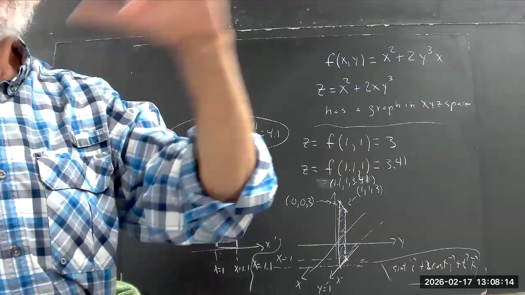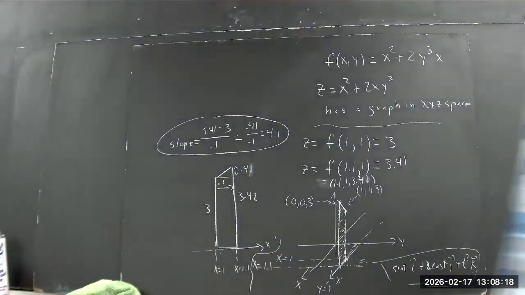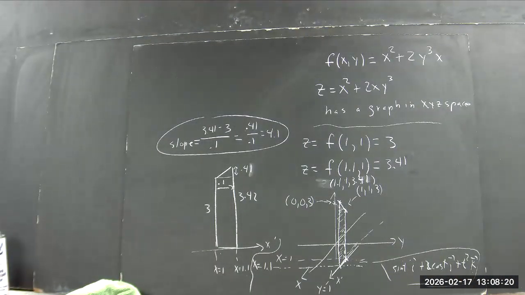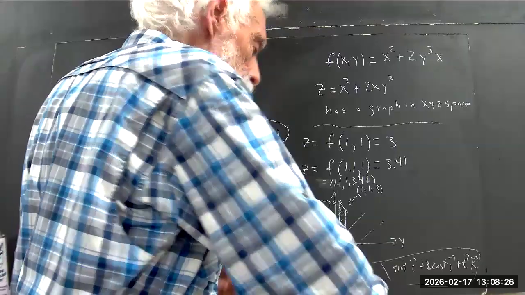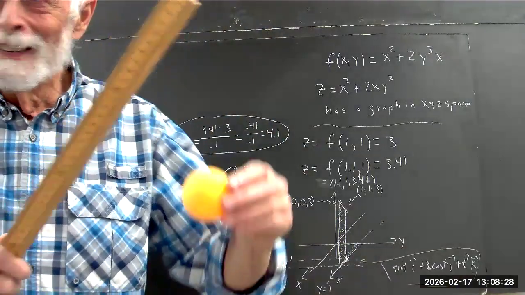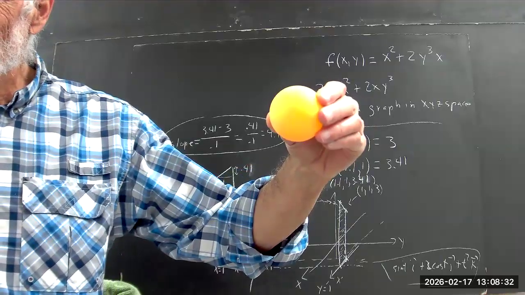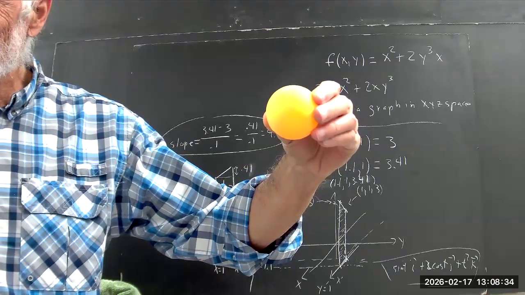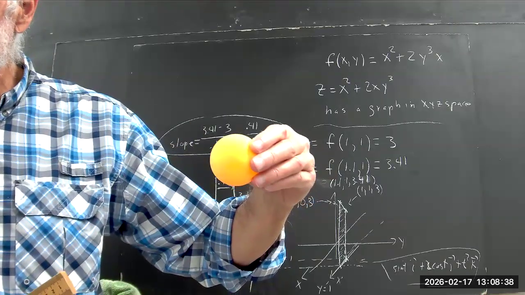If I slice the upper half of a sphere, I take one of these ping pong balls, and if I take a really sharp knife, slice this ping pong ball right there, what do I see? I see a circle, right?